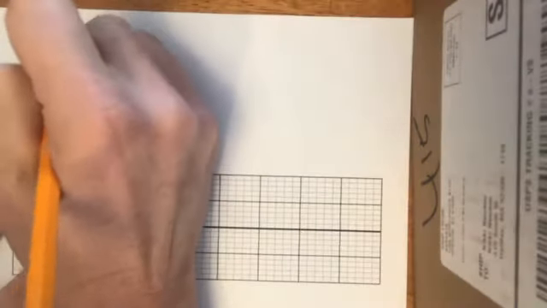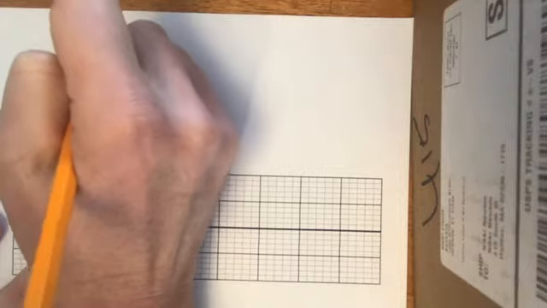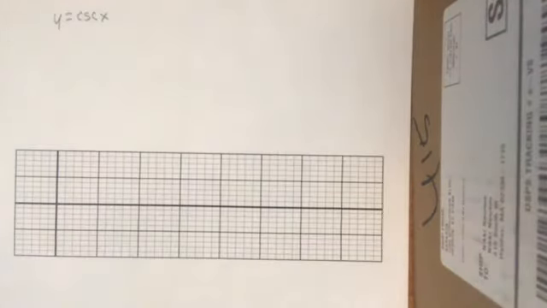Parent graph, y equals cosecant x. Very similar to secant. It's the reciprocal of sine. Wait a minute. Oh yeah, I'm doing cosecant.